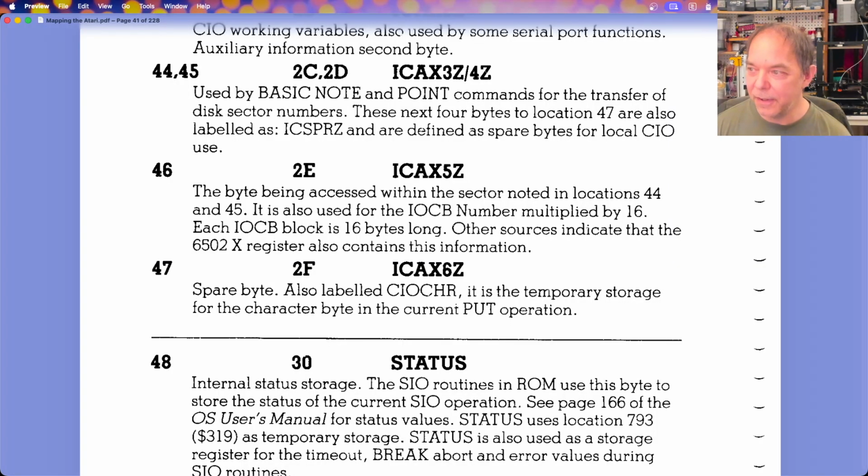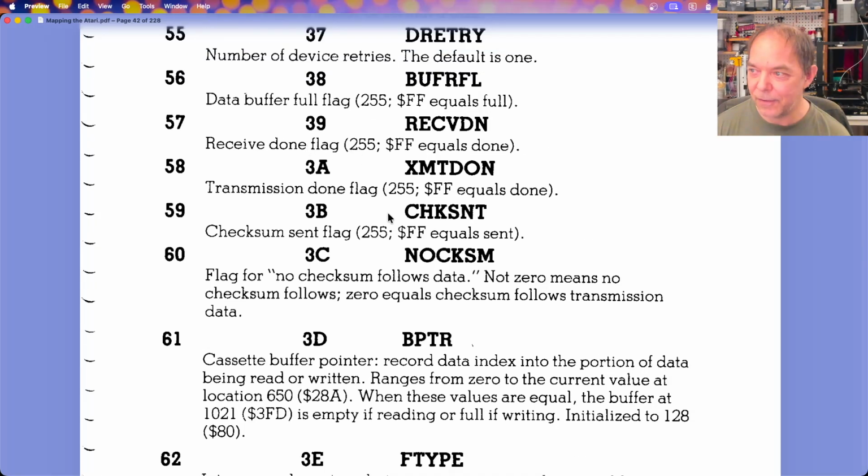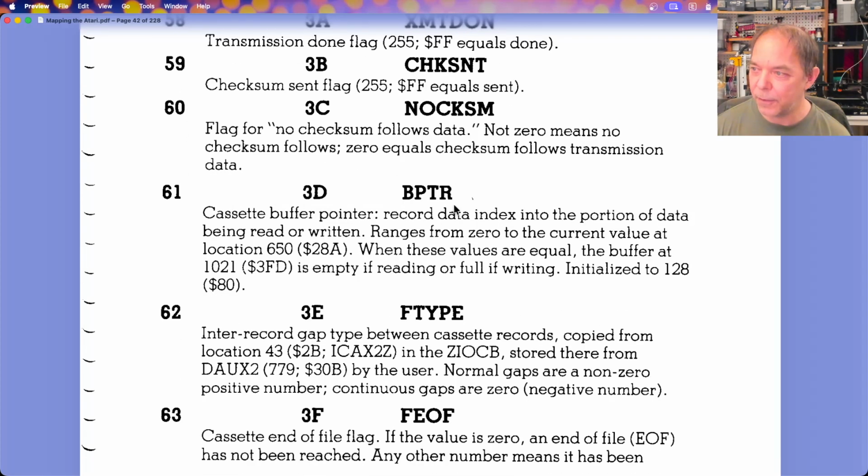So yeah, there's not a lot that BASIC uses, but there is actually. But if you're not using the disk, for example, I could just use some of these things. I don't care about no checksum follows data. Let's use this address, 60. Why not, right? Or how about the cassette buffer pointer? We don't care about this. 61. Let's use 61. Why not?